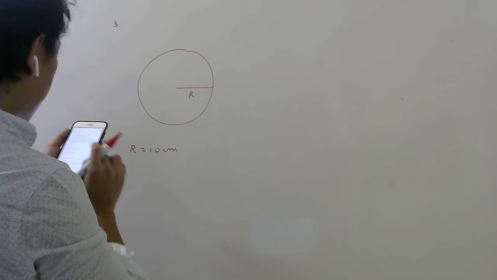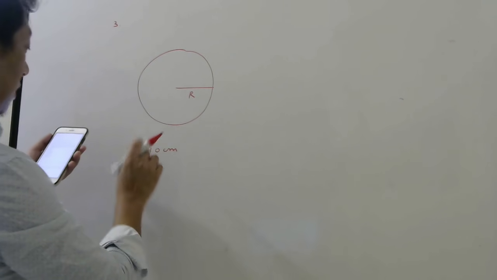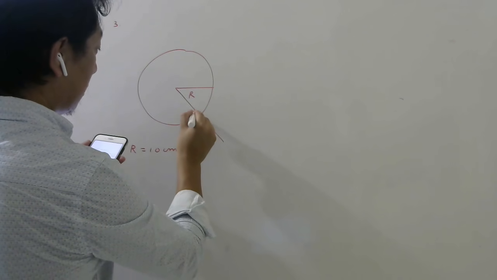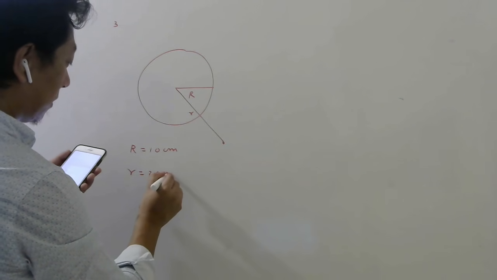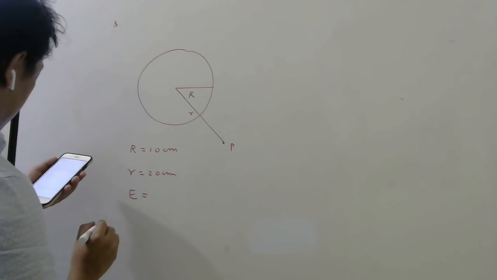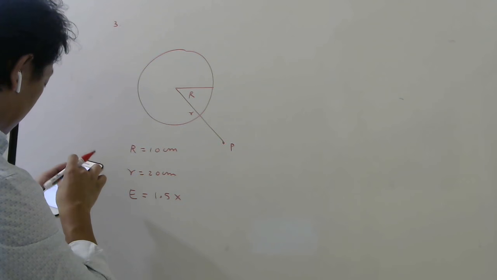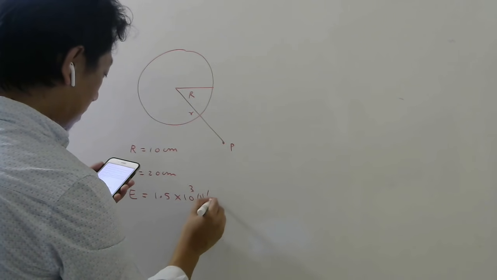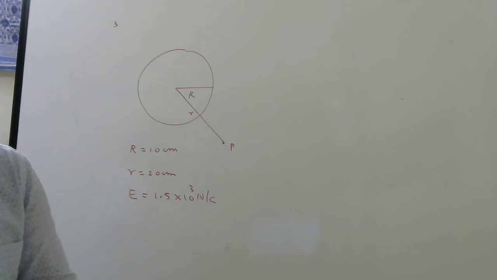If the electric field 20 centimeter from the center of the sphere, at some distance small r here, so this small r is 20 centimeter. So at this point they are saying the electric field is 1.5 into 10 to the power 3 Newton per coulomb, and it points radially inwards.